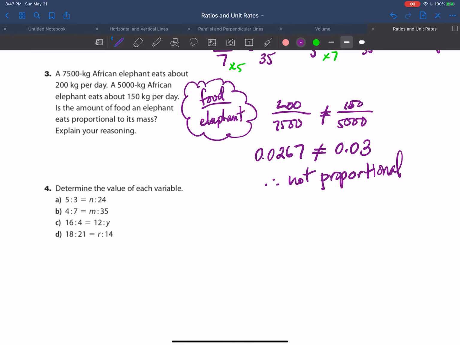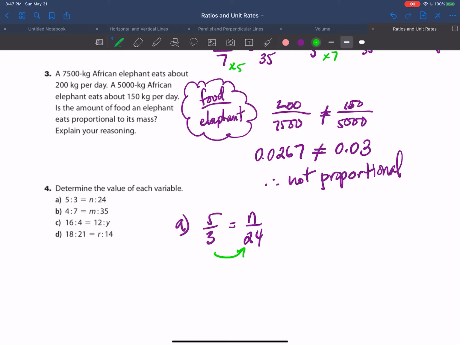Okay, so determine the value of each variable. So we want to figure out what the unknown is there. A couple ways to do this. I'll go through each way. Again, I like to write it as fractions rather than the colon ratio like that. So one way is to figure out, how does a 3 change into a 24?